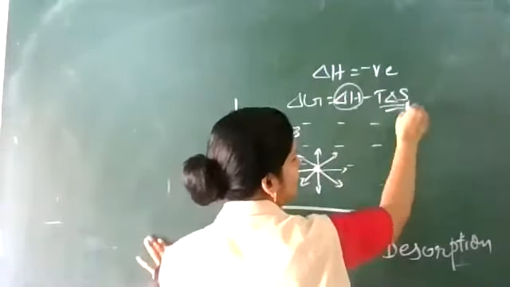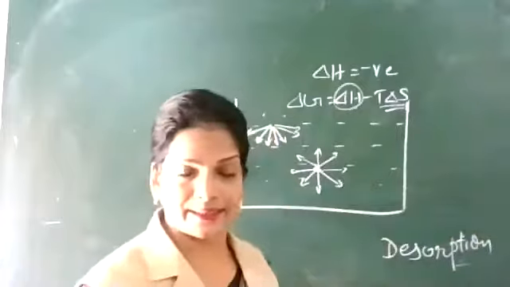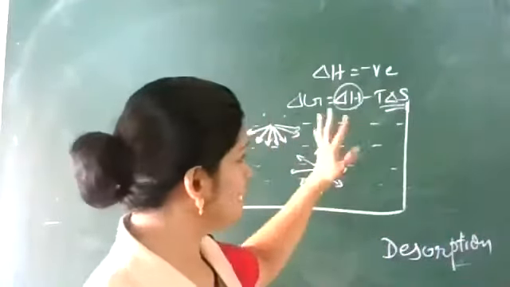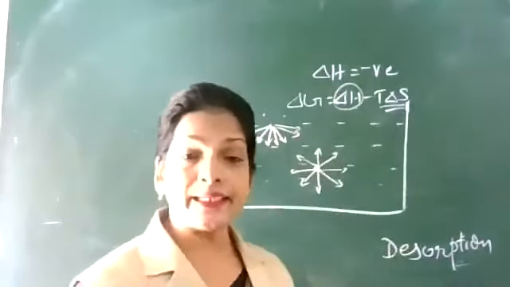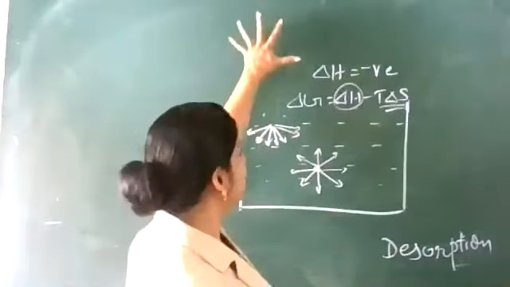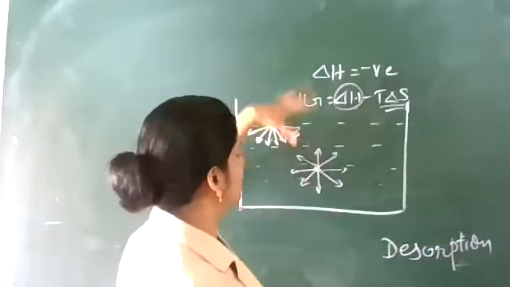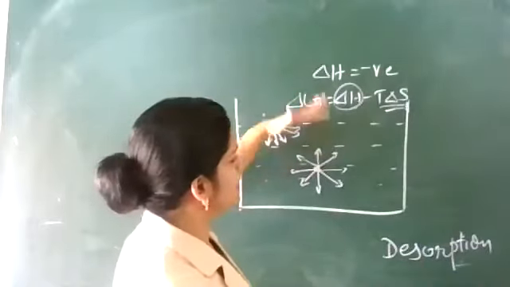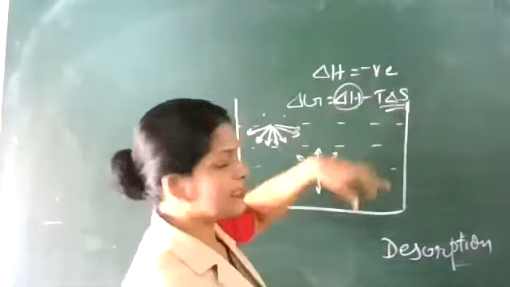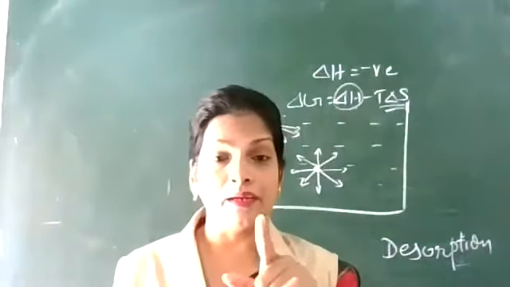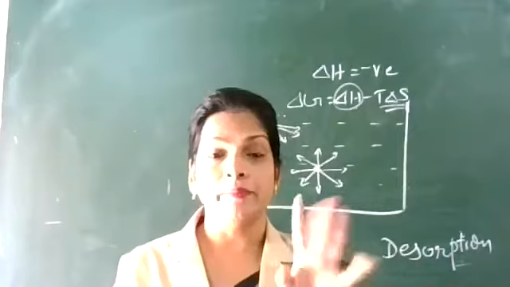What about delta S? Let T be constant. What is the change in entropy? The particles are getting adsorbed. That means they are coming from a random motion to a stable state. If it is settled down, that means the freedom of movement of the adsorbate particle becomes less.